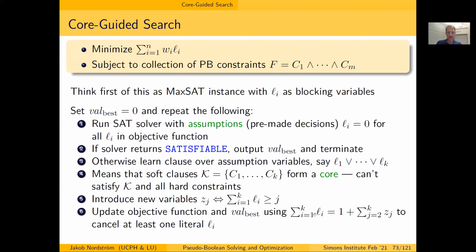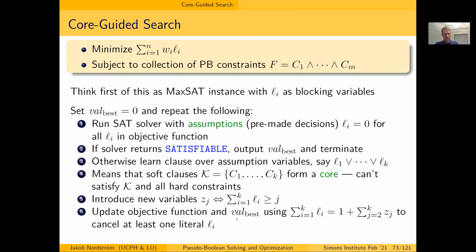And then we'll get a cancellation. We'll cancel that Li and substitute the Zj's instead, and we'll get out a constant term that gives us an update saying that this is a lower bound on what you could hope to achieve. You can't get all the way down to 0. You have to have an additive term at least such and such. And this allows us to update the best value.